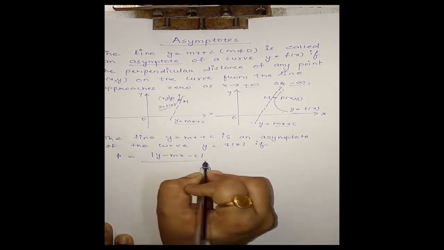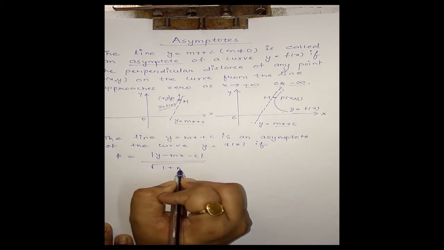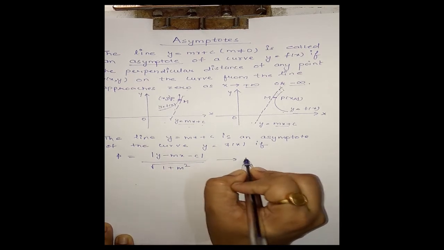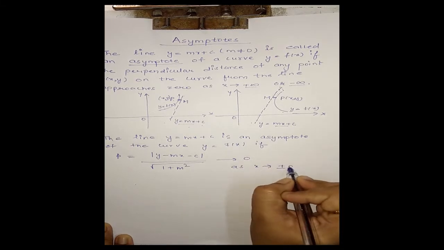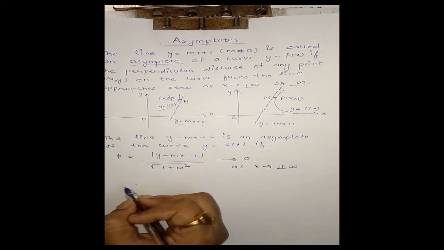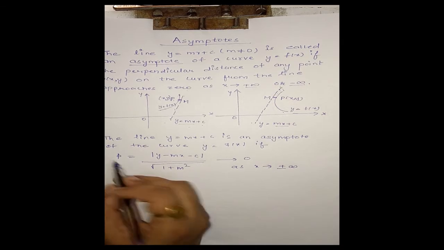We know this, (y minus mx minus c) over the square root of 1 plus m square, tends to 0 as x tends to plus infinity or minus infinity, where p denotes the perpendicular distance.